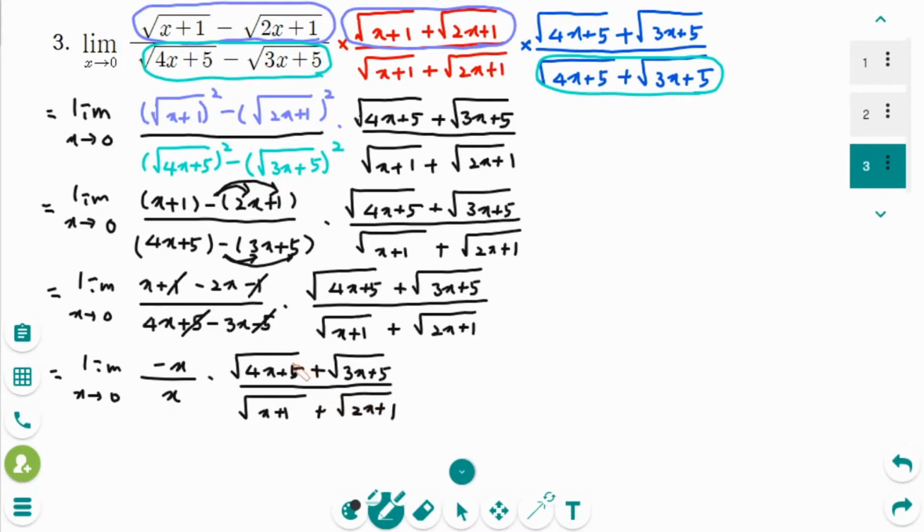Then cancel the common factor, which is x, and put 0 into x.